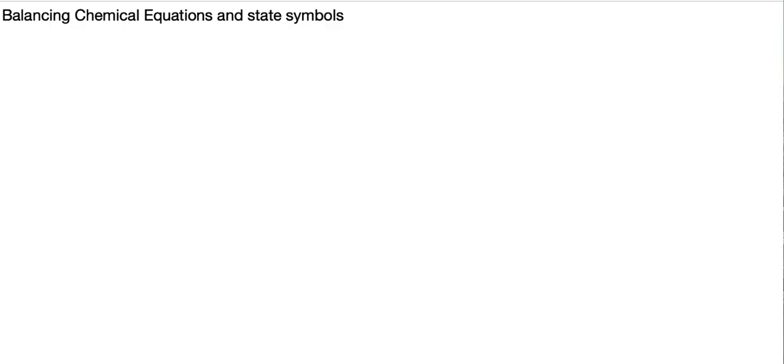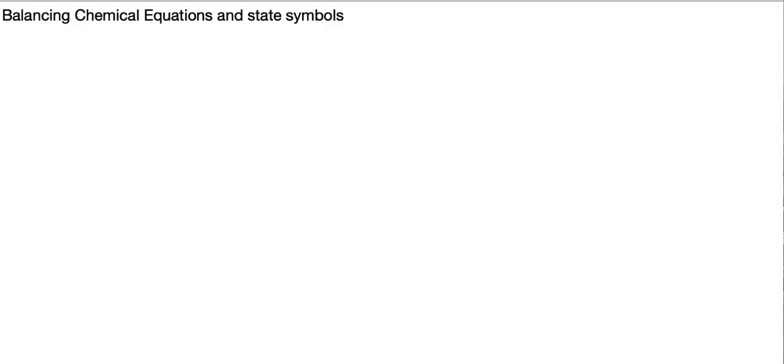And we talked about the exchange of electrons, which is ionic bonding between the metals and the non-metals. So now I want to look at balancing equations and state symbols and some other useful things for you to know.